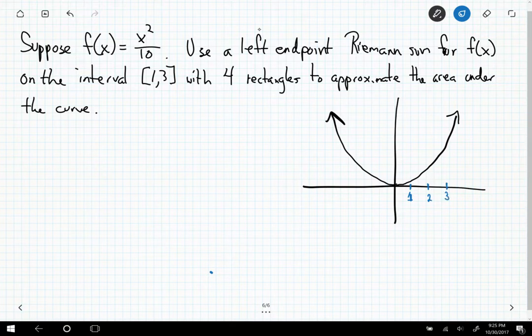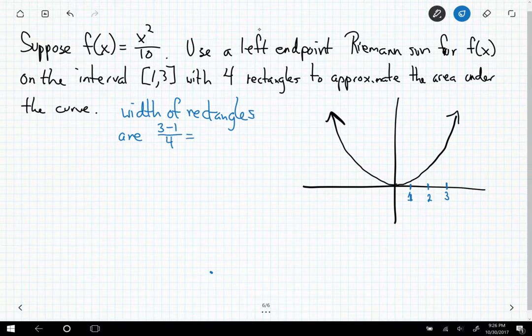And let's say that's 3. If that's the case, and we're using 4 rectangles, what's the width of all the rectangles? Well, we take 3 minus 1 and we divide by 4, so that'd be 2 over 4. And so the width of each rectangle is 1/2.